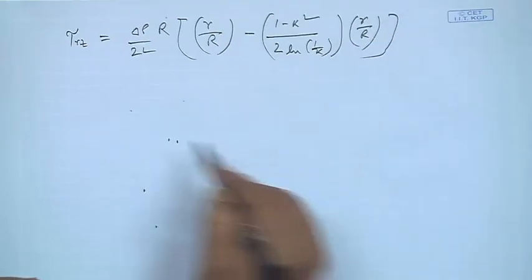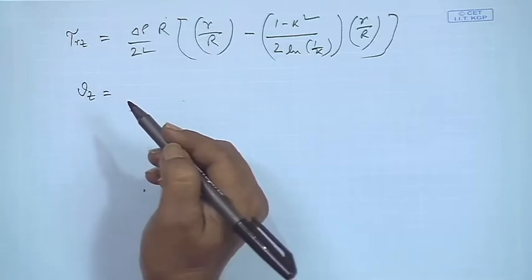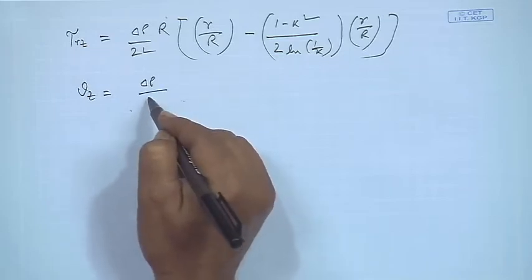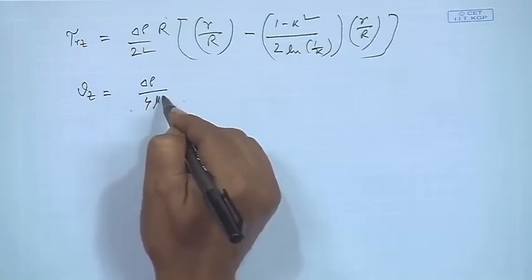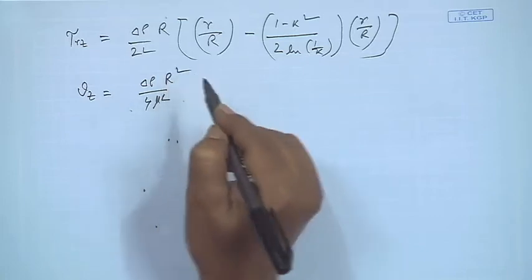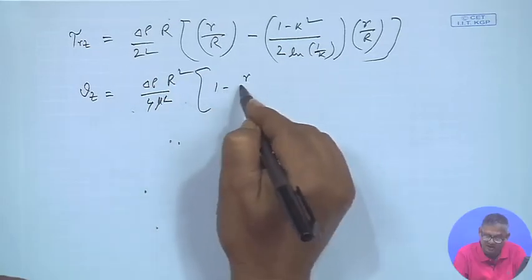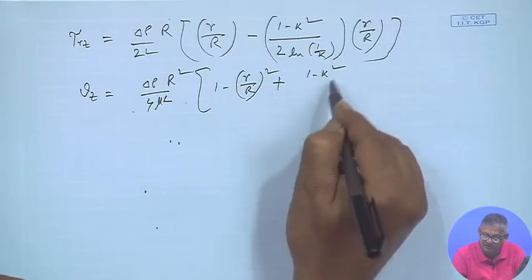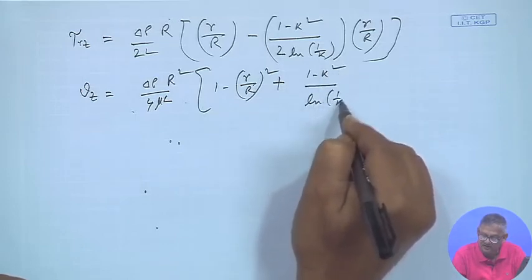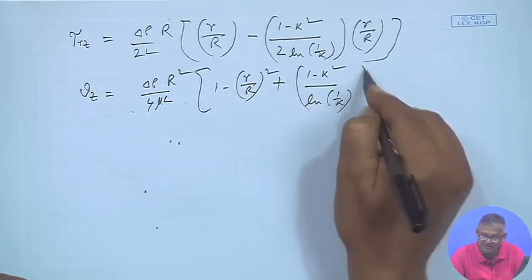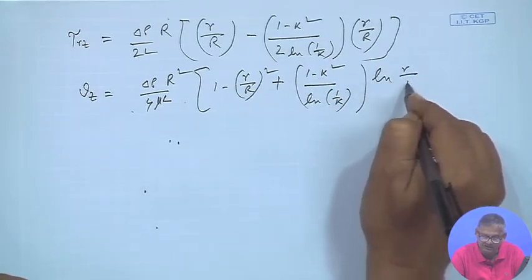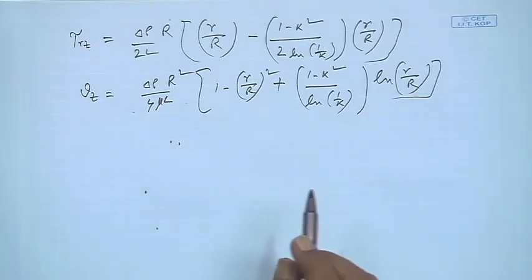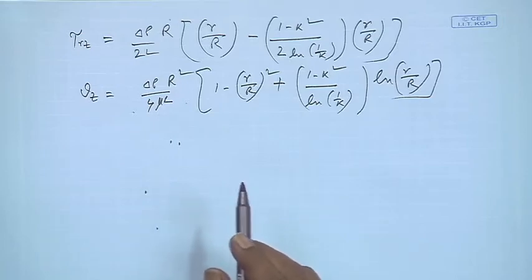This is tau r z, and Vz equals delta p divided by 4 mu L R square into 1 minus r by R whole square, plus 1 minus k square over ln of 1 by k times ln of r by R. So, this is the velocity distribution and this is the momentum flux distribution.